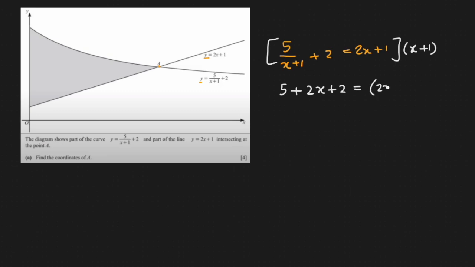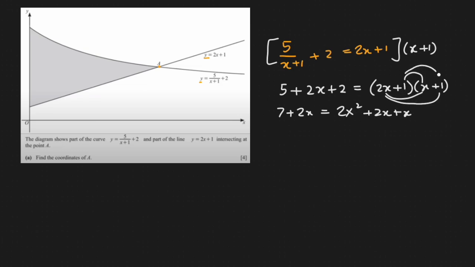And then on the right side, 2x plus 1, whole of it, will multiply with x plus 1. Alright? So now it becomes 7 plus 2x equal to 2x square, if I multiply this and this, 2x and this x, and this 1.